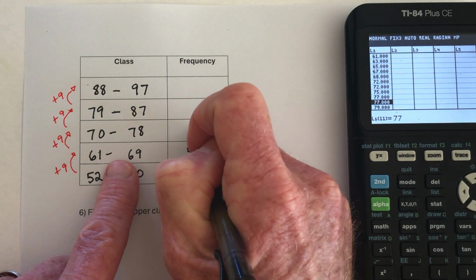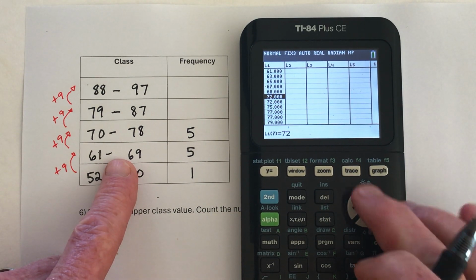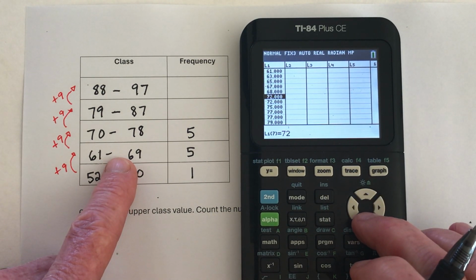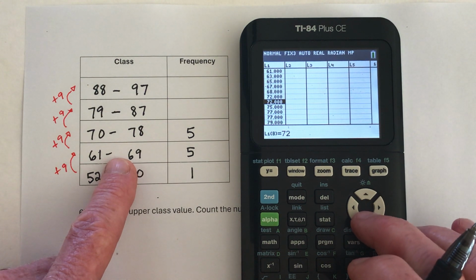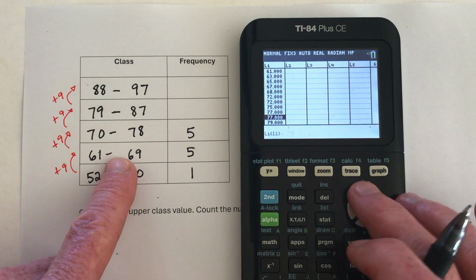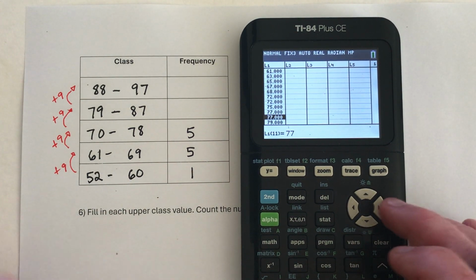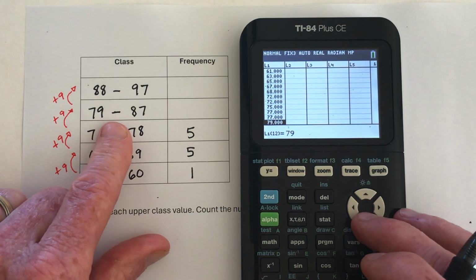So it was actually 5. Let me just double check with that. 72 to 78. So this is 1, 2, 3, 4, 5. So it ends right there with that 77. That's 5 people. And then we're almost done.